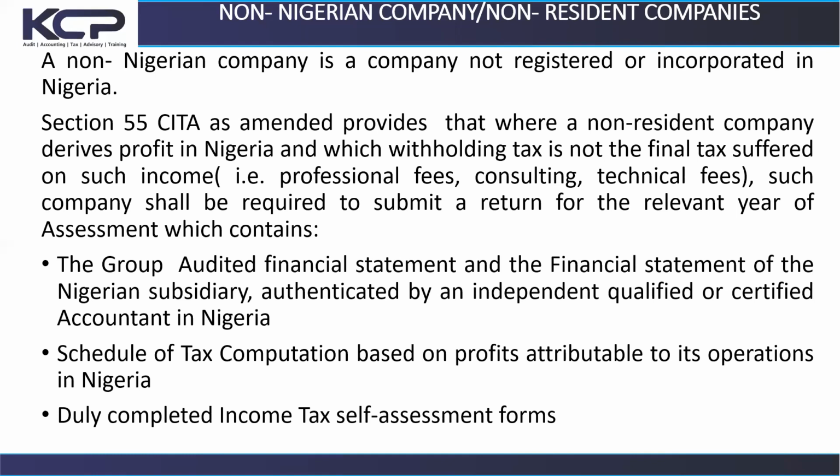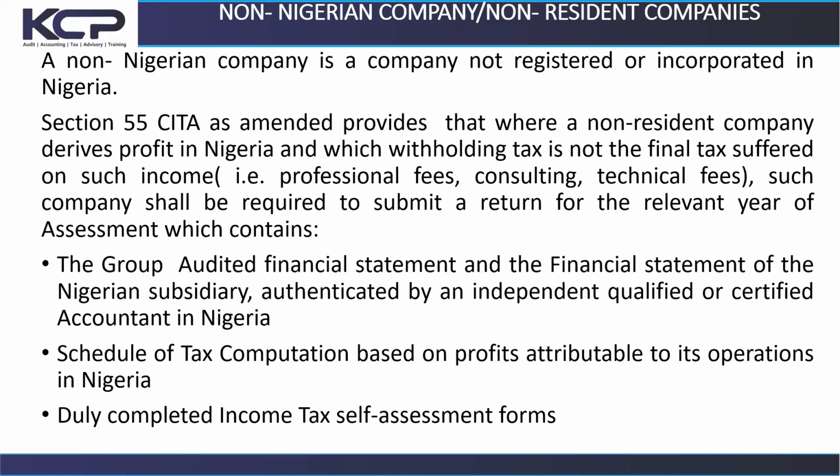A non-Nigerian company is a company not registered or incorporated in Nigeria. Section 55 of CITA, as amended, provides that where a non-resident company, being a non-Nigerian company, derives profits in Nigeria, and withholding tax is not the final tax suffered on such incomes, right?